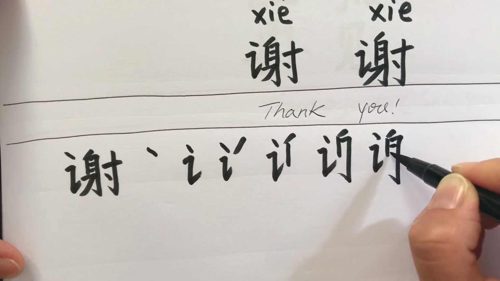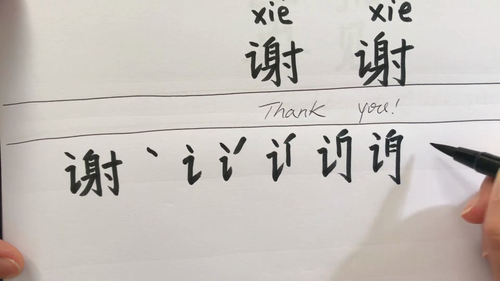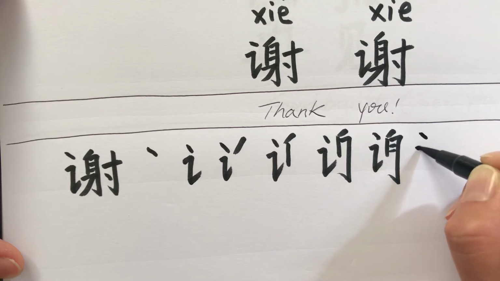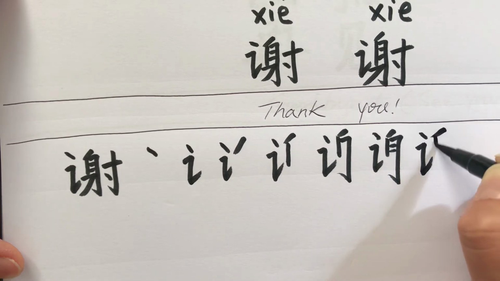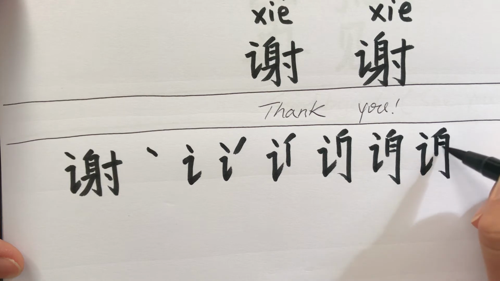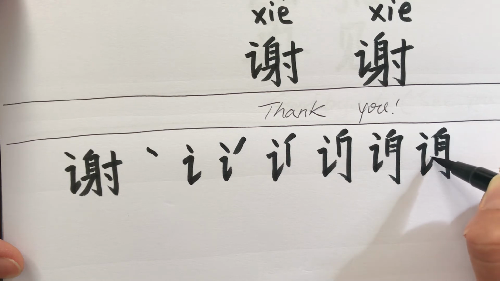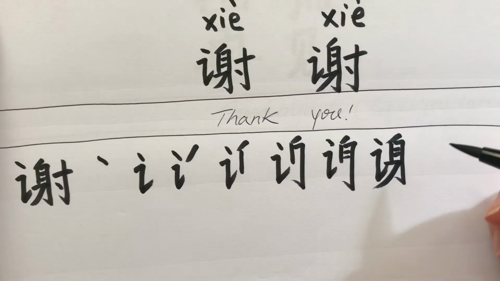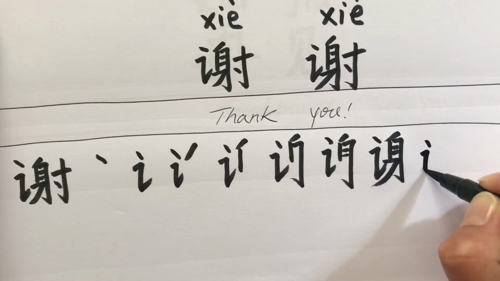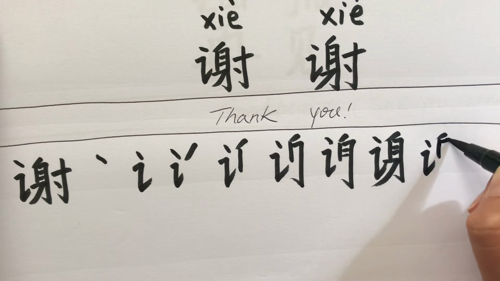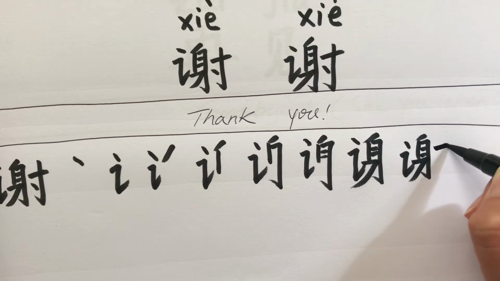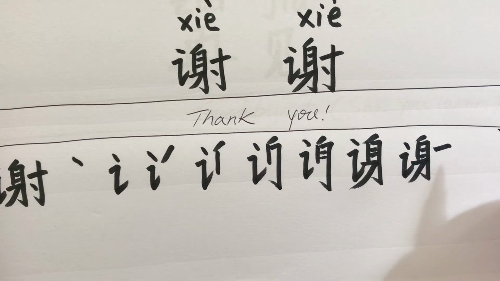And then you do two lines in the middle, horizontal lines, the top one and the bottom one. And then this is one stroke. And then the right part.